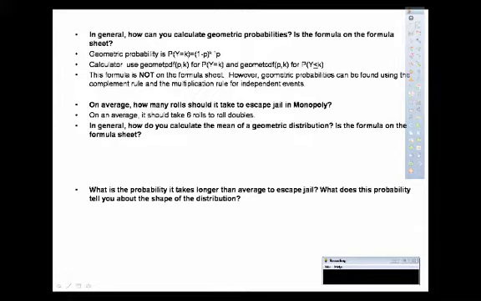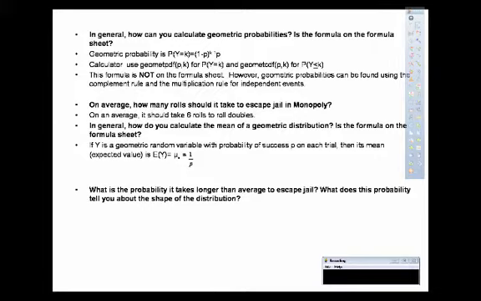If y is a geometric random variable with probability p on each trial, then its mean or expected value is 1 over p.